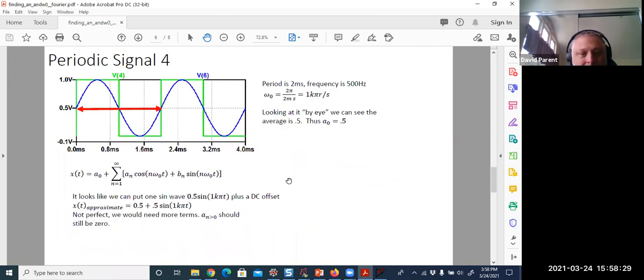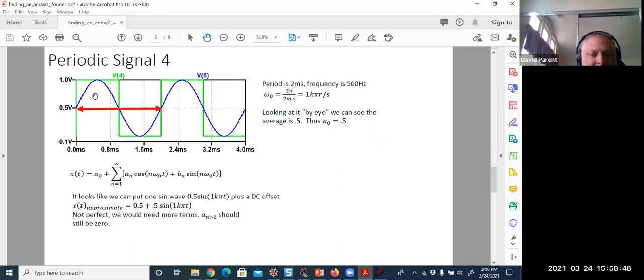Okay, all right, here's another signal. Now I'm looking at it and it's going from 0 to 1. The period is still about 2, but now it's no longer symmetric.